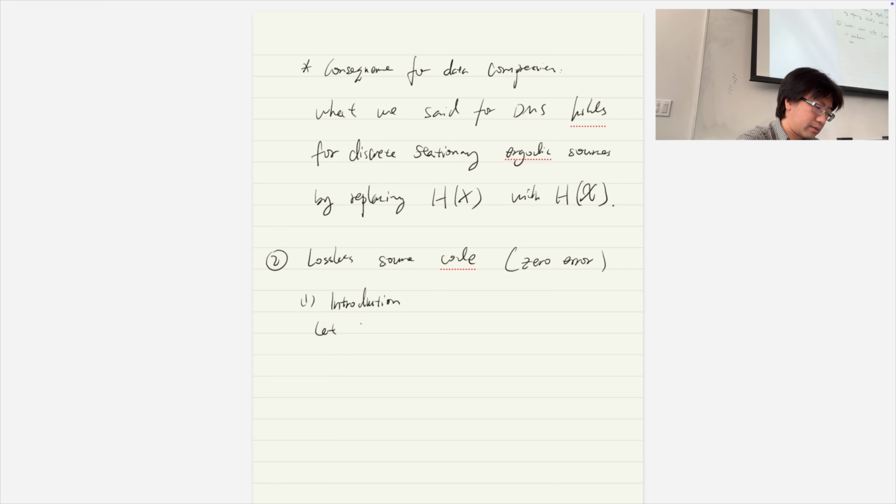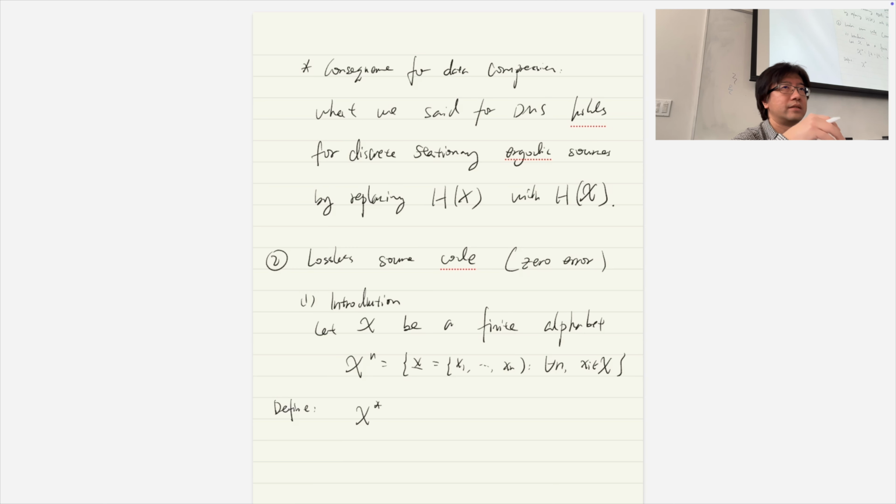So again, we let X, this set, be a finite alphabet, and we let x^n equal some vector x, where each has an element, for all n, and x_i is in the set X. Now we define X*, this set, as the union of all the sets with different n's.